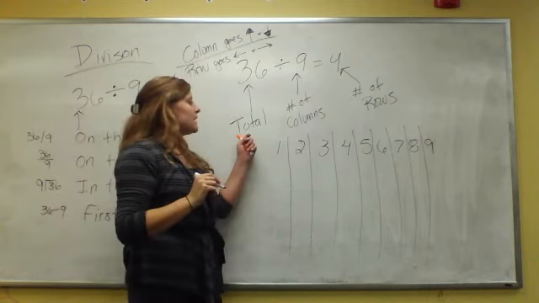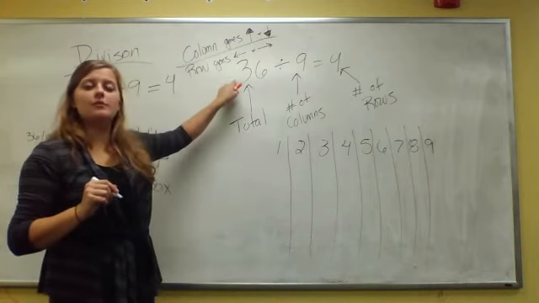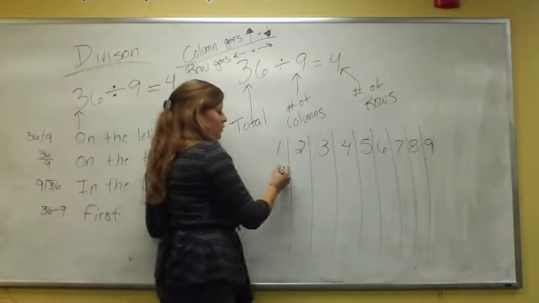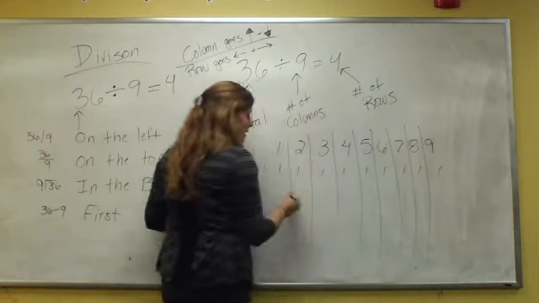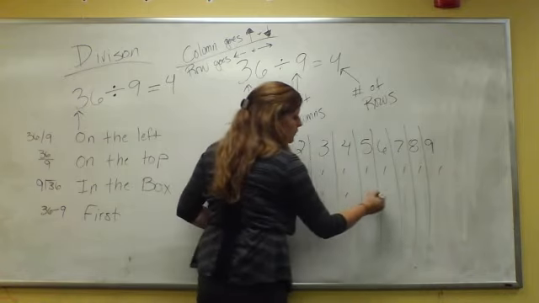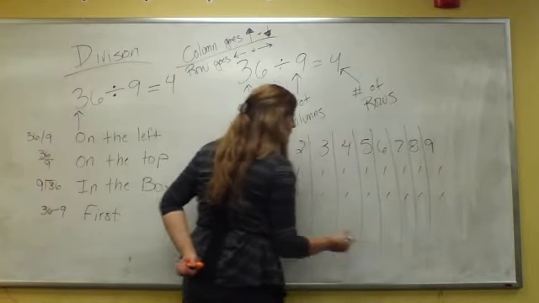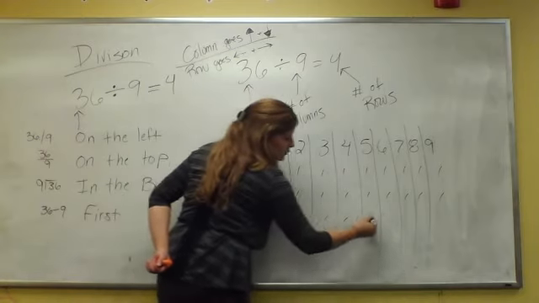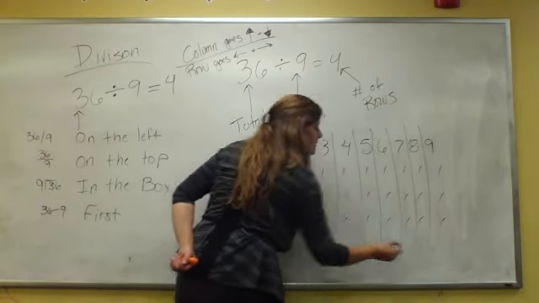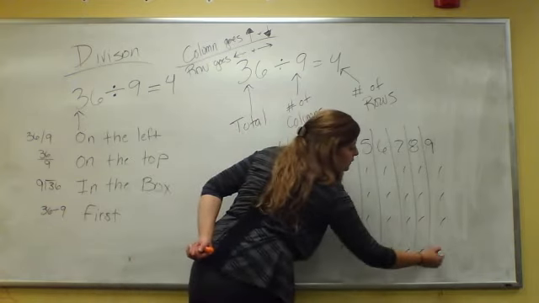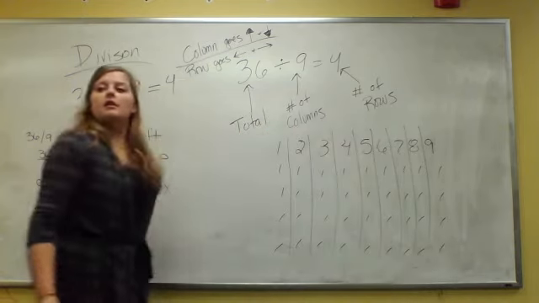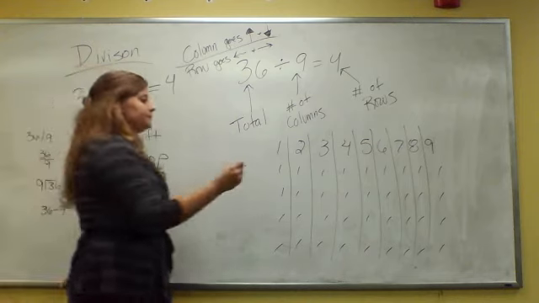The way I'm going to do this is I've got a total number. My total number of pieces is 36. I go 1, 2, 3, 4, 5, 6, 7, 8, 9, 10, 11, 12, 13, 14, 15, 16, 17, 18, 19, 20, 21, 22, 23, 24, 25, 26, 27, 28, 29, 30, 31, 32, 33, 34, 35, 36. Alright?